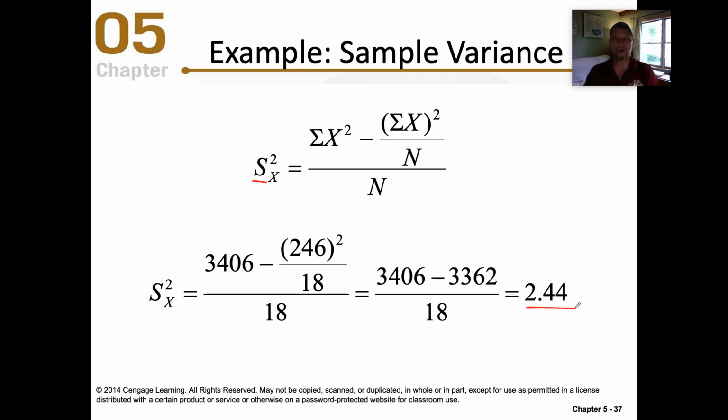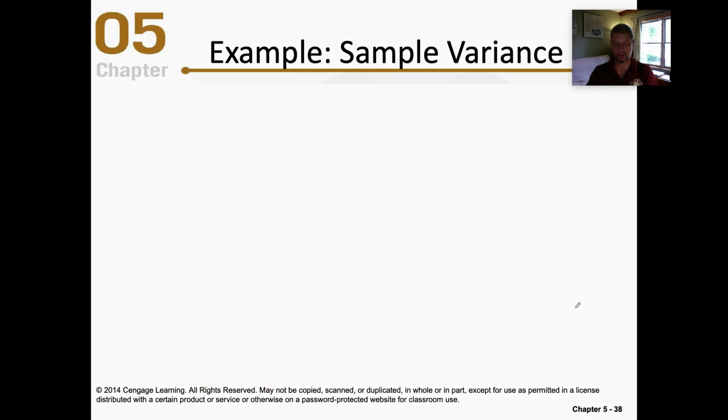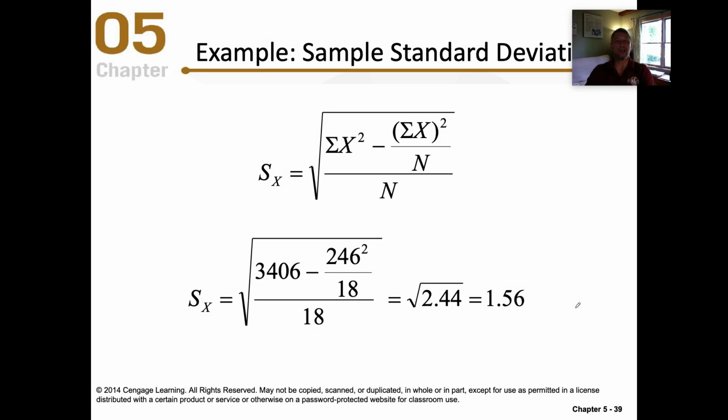Now, in order to calculate the sample standard deviation, it should simply be the square root of 2.44, right? Rather than reinventing the wheel, we can use the same calculation and take the square root here. And so sample standard deviation is S, again notice the capital, equals the square root of the sum of x squared minus the sum of x quantity squared divided by n, all over n.